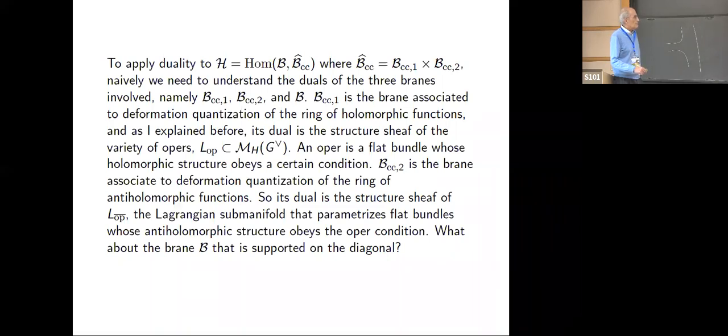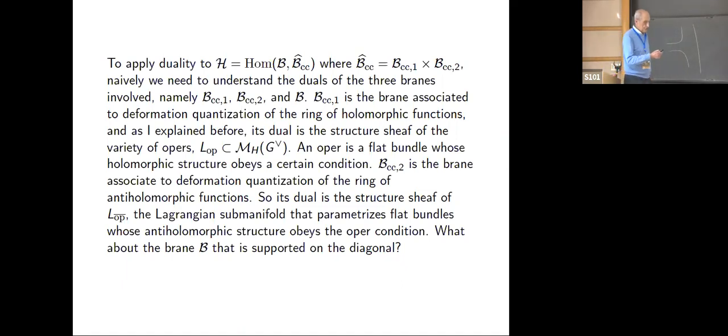And as I mentioned before, a reinterpretation of a result of Beilinson and Drinfeld is that its dual is the structure sheaf of the variety of opers, a certain Lagrangian submanifold. And similarly, the dual of the other one is the structure sheaf of L oper bar, the Lagrangian submanifold that parametrizes flat bundles whose anti-holomorphic structure satisfies the oper condition.